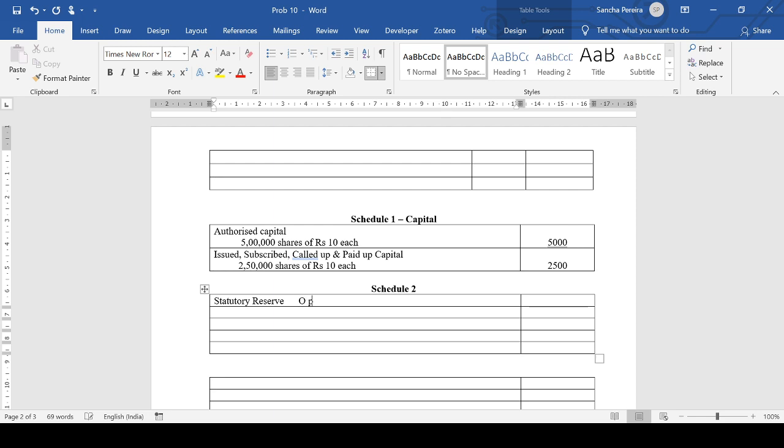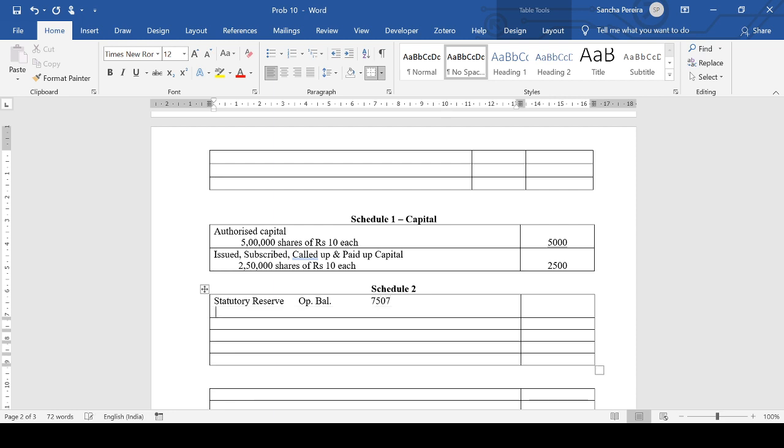Statutory reserve, we have the opening balance, which is 7507. Then we'll have the additions, which we get only once the profit and loss account is complete. You can say additions or transfer. You can do that only later.